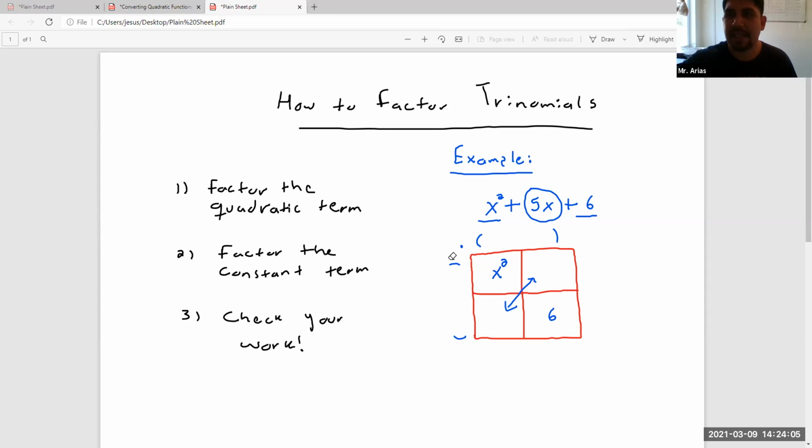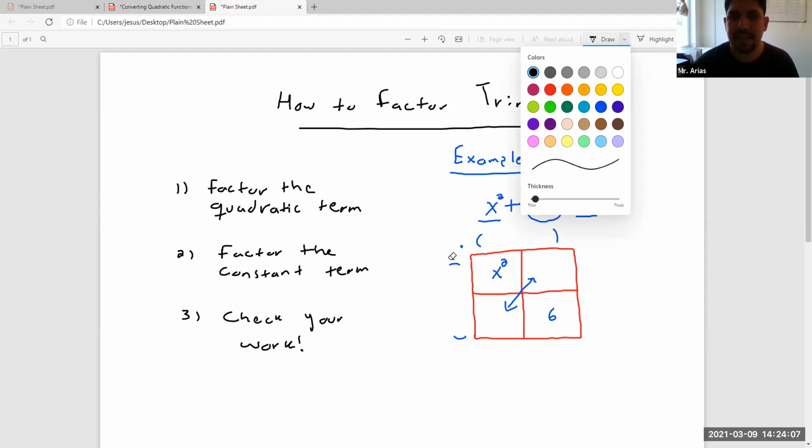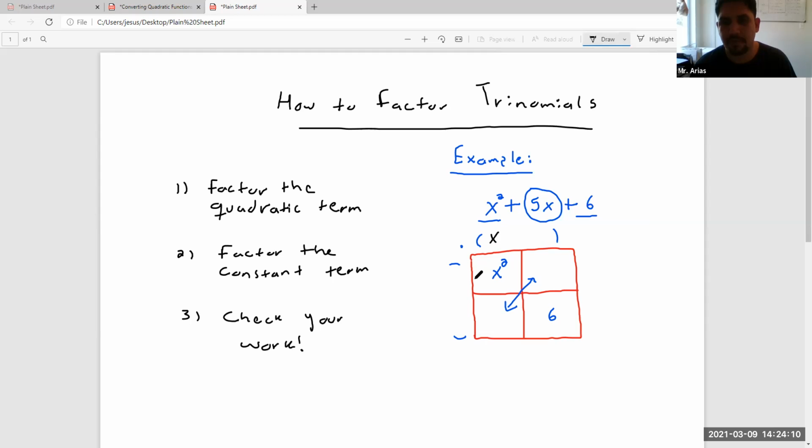Because if I multiply x times x, what's going to happen is that we get x to the power of 2. Now, going back to the box method, remember that if you multiply this term along the base of the rectangle or the box by this term along the height, we produce this top left section inside the box. So this makes sense. If you check it, you can imagine that we're multiplying the x from the base by the x from the height, and then we produce this x to the power of 2. So step 1 is pretty much good. We found the factors of x to the power of 2.